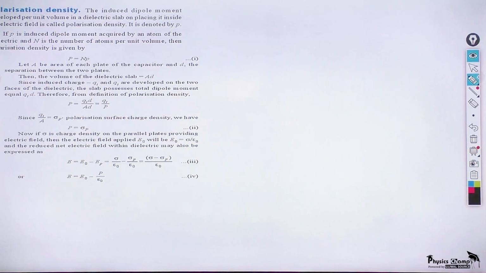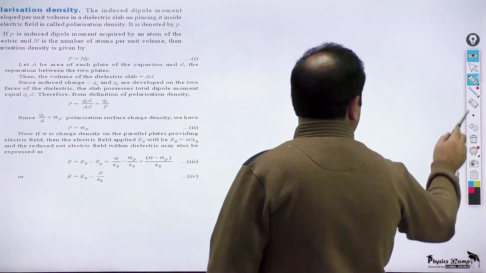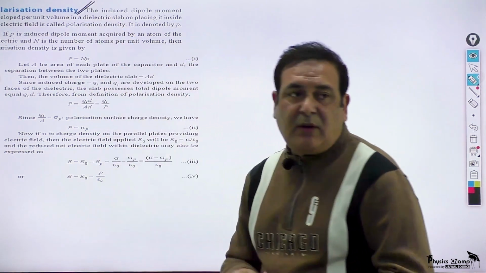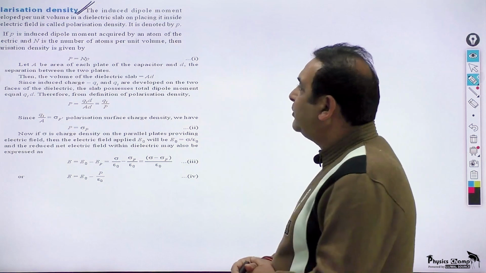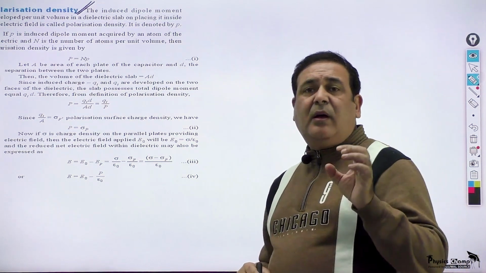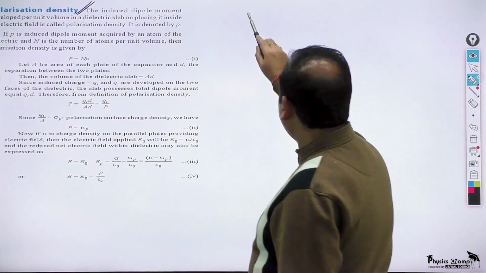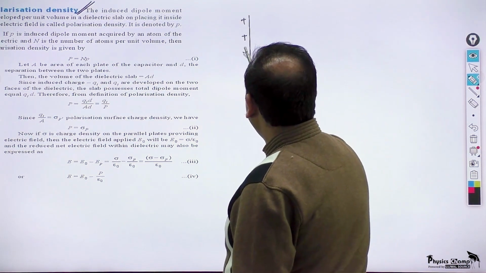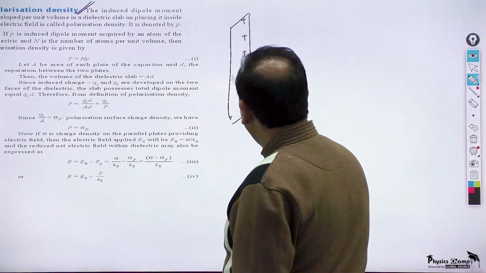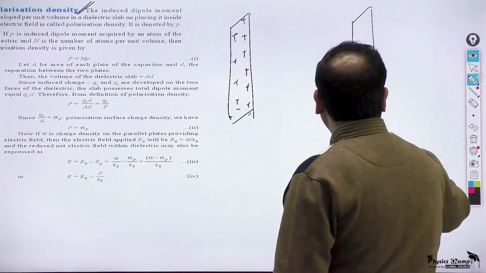So now we talk of another important term, polarization density. Sometimes you may have to talk about this term. As the term is telling you, it is the induced dipole moment per unit volume. Just imagine that you have this positively charged plate here, and over here you have a negatively charged plate.